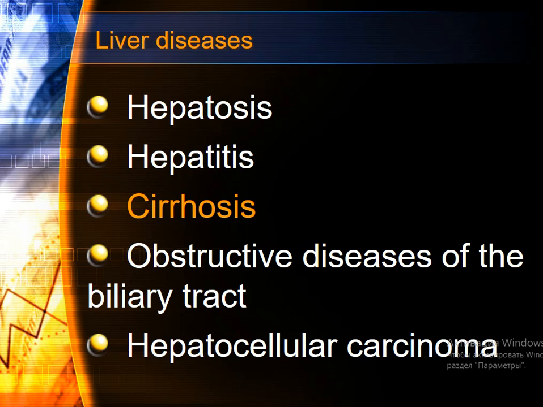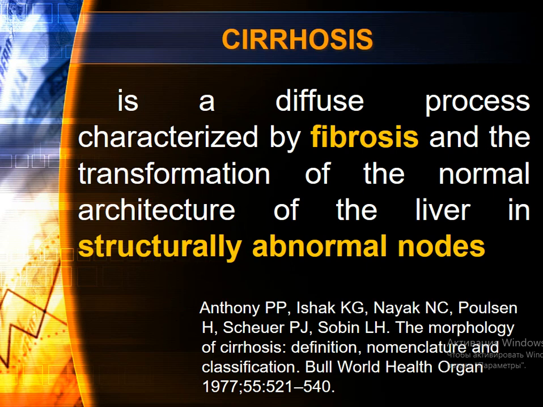And finally, in consequence of fibrotic changes in the liver, we will see cirrhosis formation. Cirrhosis is a diffuse process characterized by fibrosis and the transformation of the normal structure of the liver into structurally abnormal nodes.